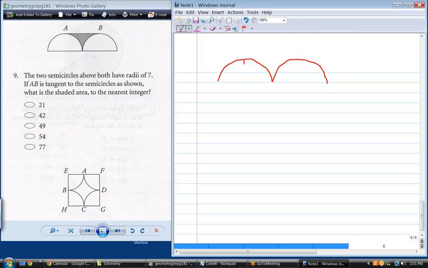Well, this is a little more difficult one, but still very doable. Notice that if I drop a line vertical right there, now I have a rectangle. And so if I can figure out the area of that rectangle and subtract out that quarter circle and that quarter circle, I'm going to have the area of that. So it'll be 7 by 14.